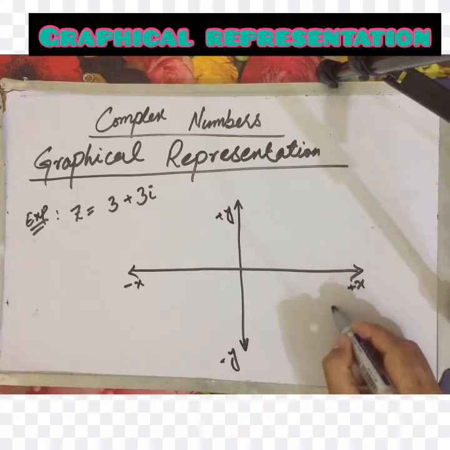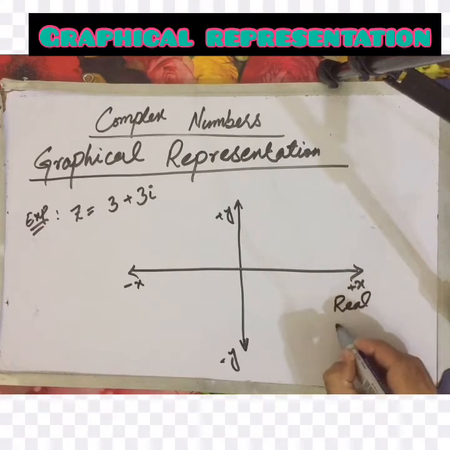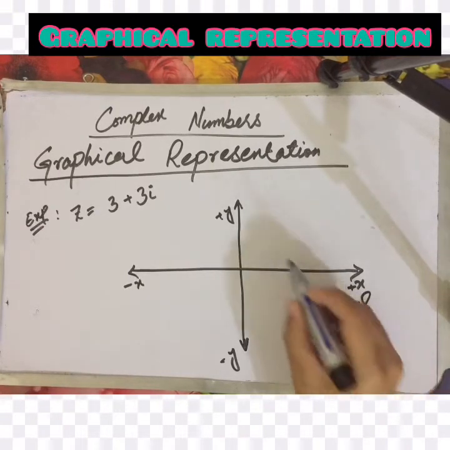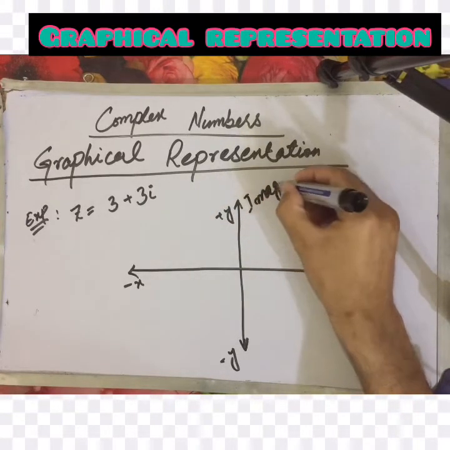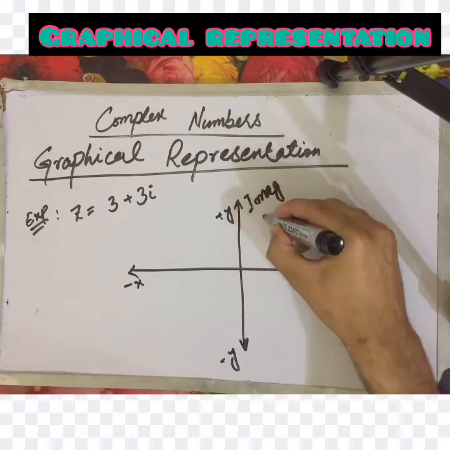We call this axis also the real axis, and this is the imaginary axis. Y will always be called the imaginary axis.